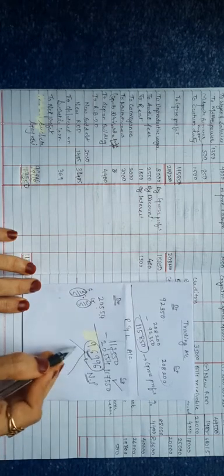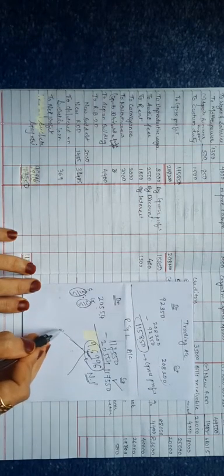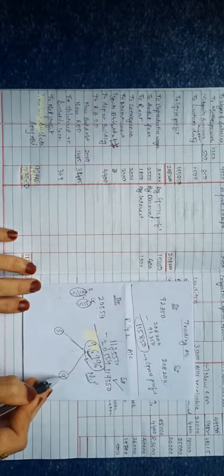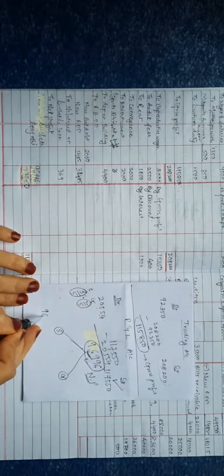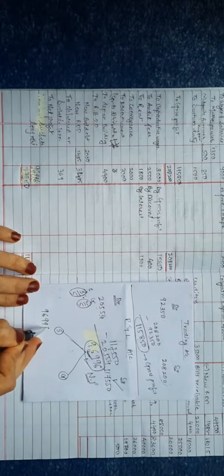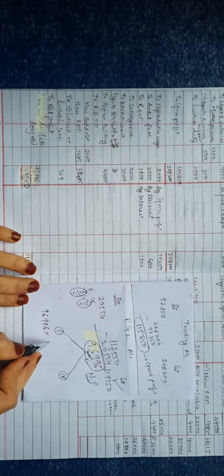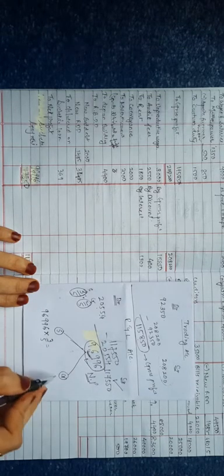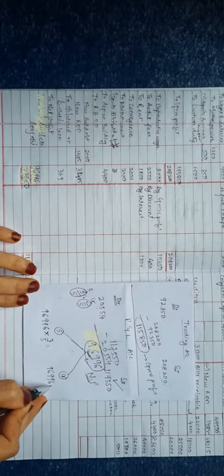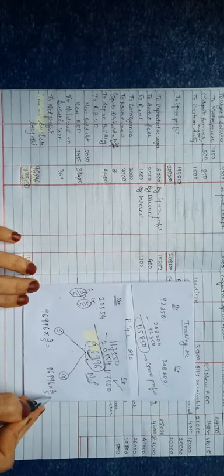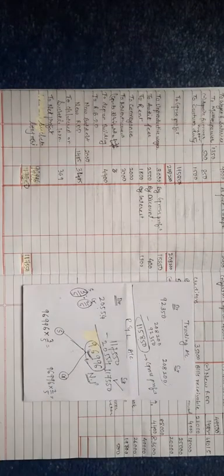So we divide this. First will be Sucheta, second will be Gayatri. The amount is 96,996 into Sucheta's share, that is 3/5. Calculate this and get the answer. For Gayatri, 96,996 into 2/5. So see how much comes.